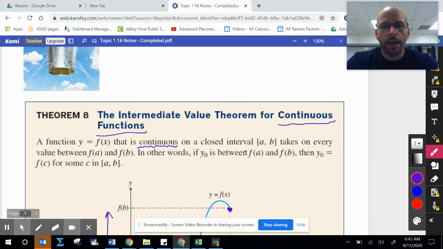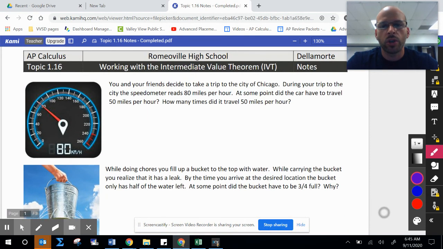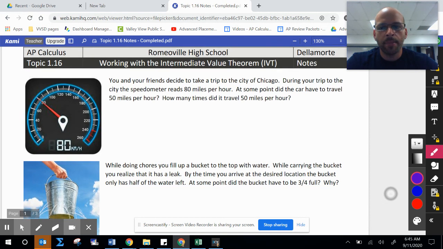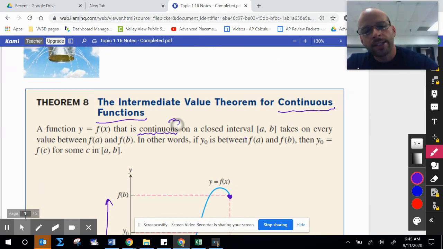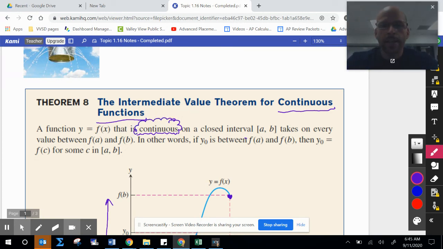In a future lesson, I'm going to bring up the 2020 question over intermediate value theorem. I had the pleasure of grading those for the AP exam, and unfortunately, according to the grading rubric, if you did not state this continuity piece, you did not get any points on that question for the AP exam.